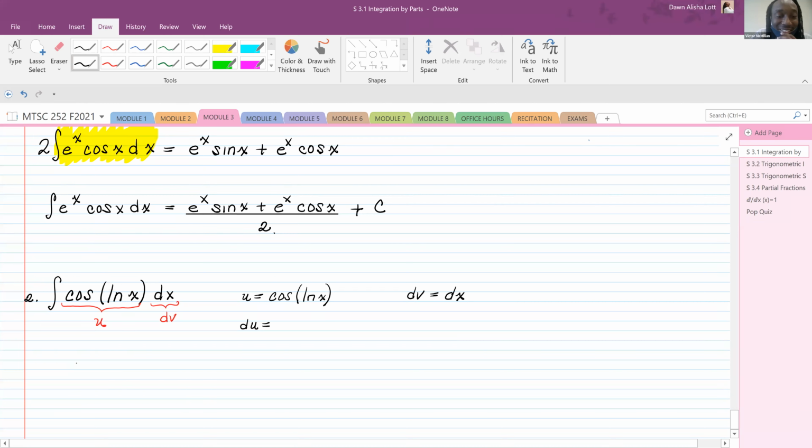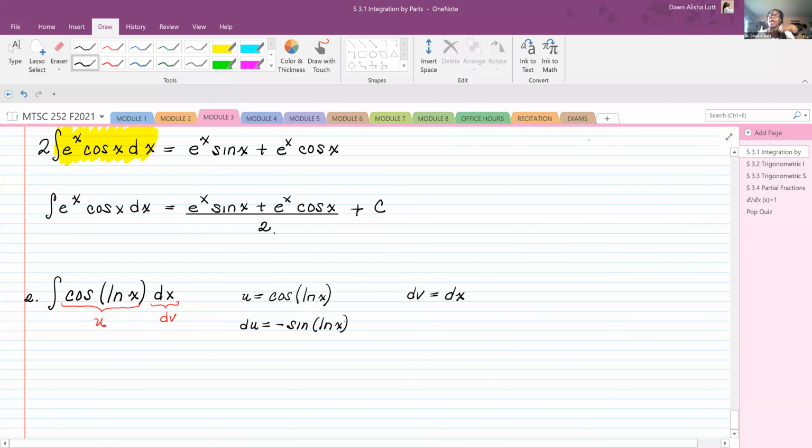To take the derivative of the cosine, I get what? Negative sine of u. And then you said I have to multiply by the derivative of the log of x, so I get 1/x times dx. That's it.